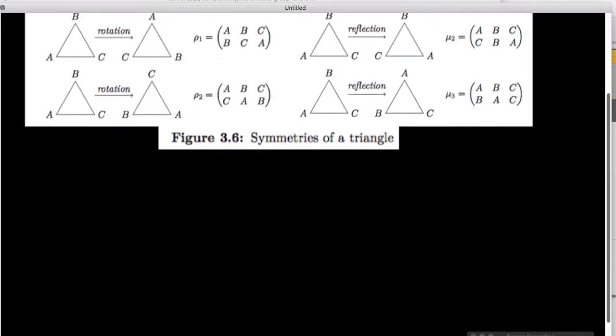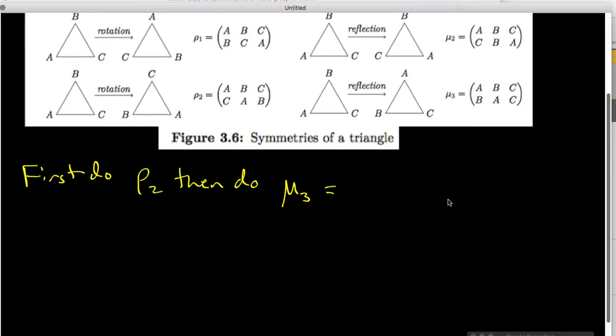So let's start with this idea. Suppose I want to first do rotation rho 2 and then do reflection mu3. Now, if I want to write this mathematically, this is a function composition, and function composition is written from right to left.